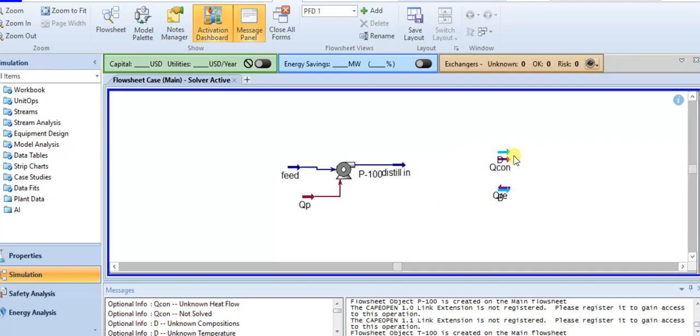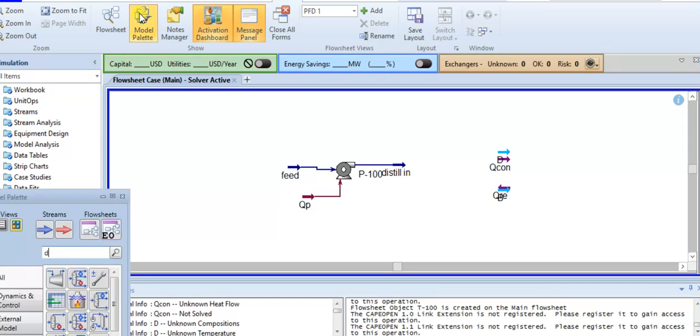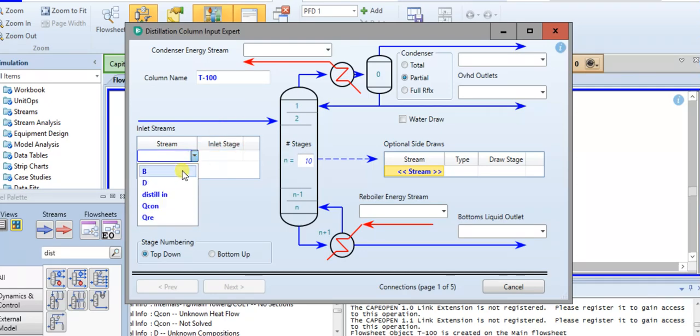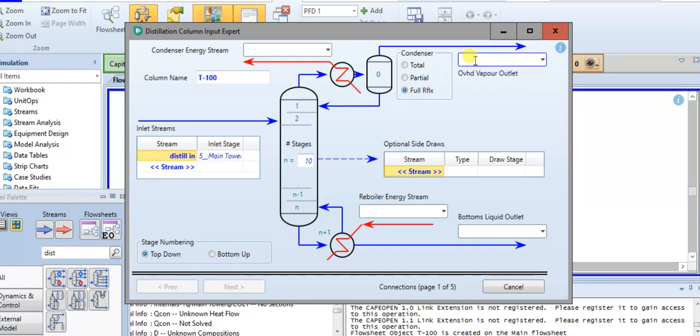Then we can add a normal distillation column. Distillation in, the ethane overhead product, reboiler duty, condenser duty.